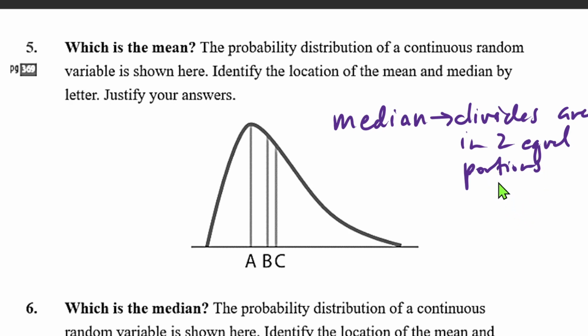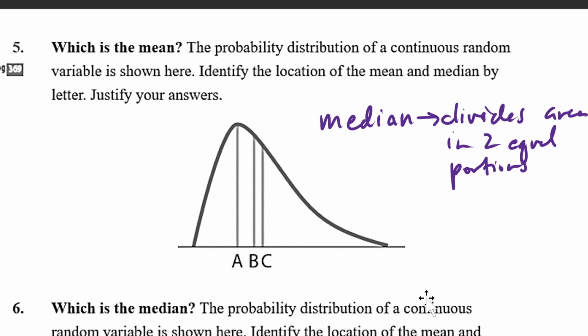The other thing you want to see is that the mean can be skewed left or right. So the mean is either going to be higher or lower than the median. In this graph, a few big values don't impact the median very much, but they very much impact the mean.